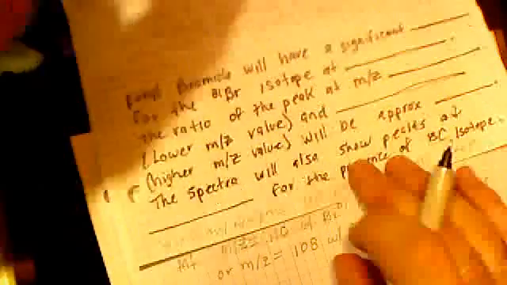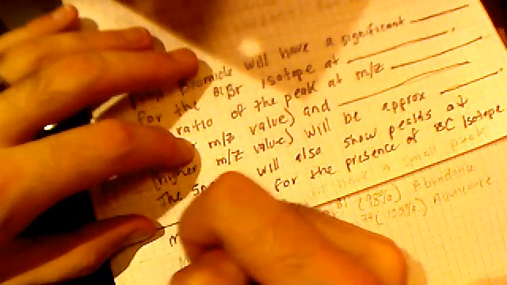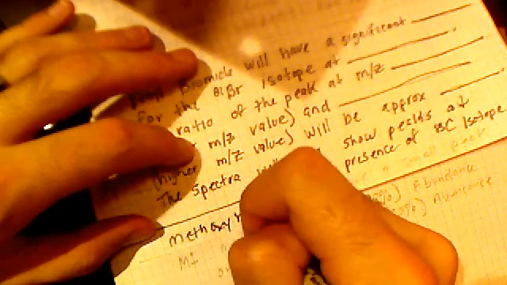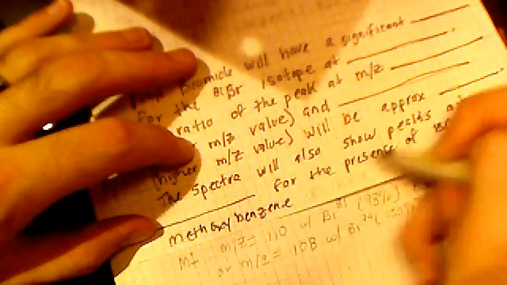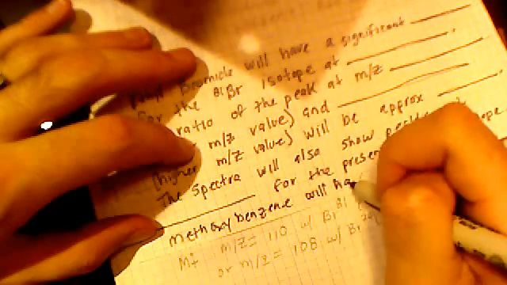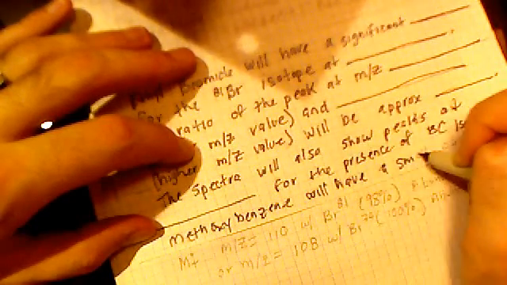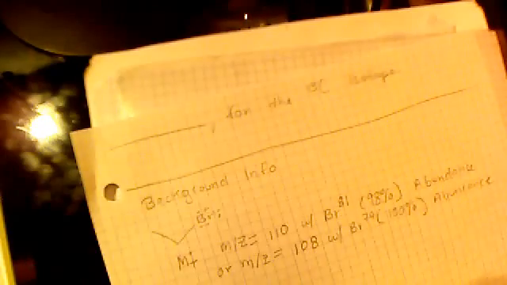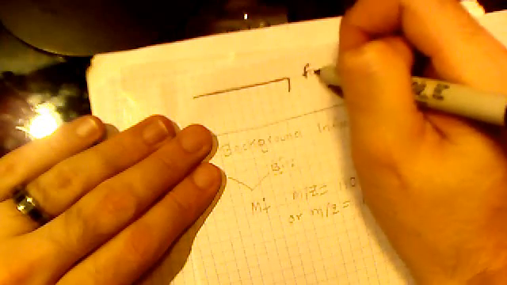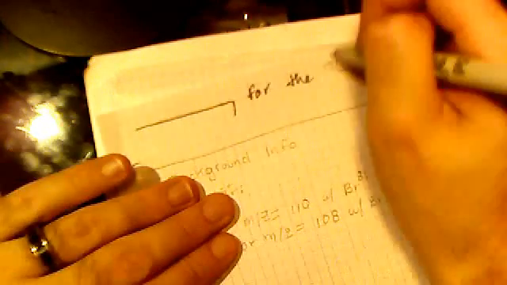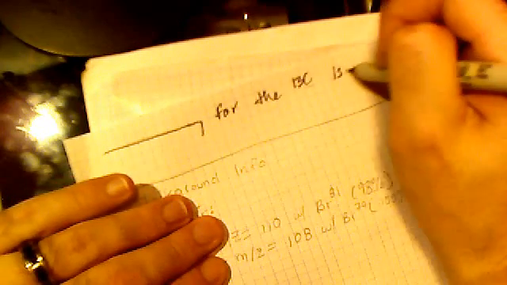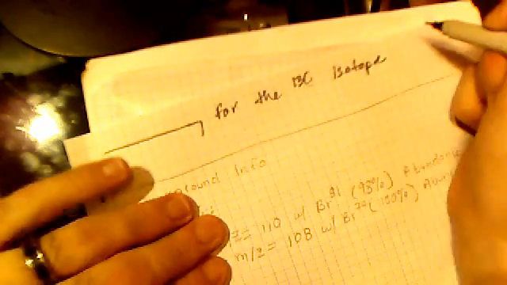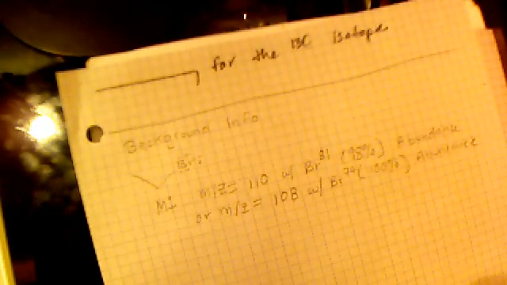Right, carbon-13 isotope, and then it says methoxybenzene will have a small peak blank for the 13C isotope. Alright, so there was some background information that I needed to look up before I could do this problem.